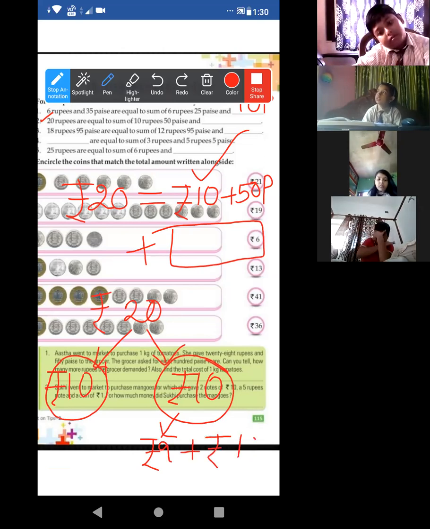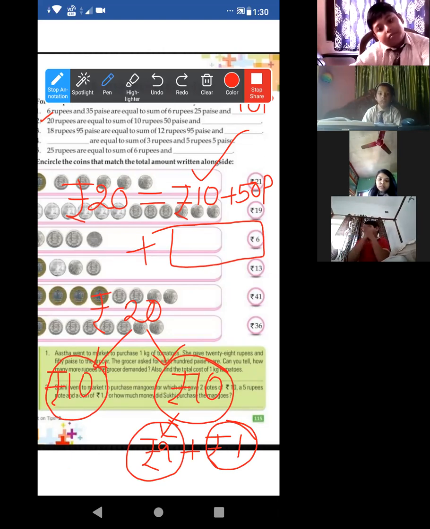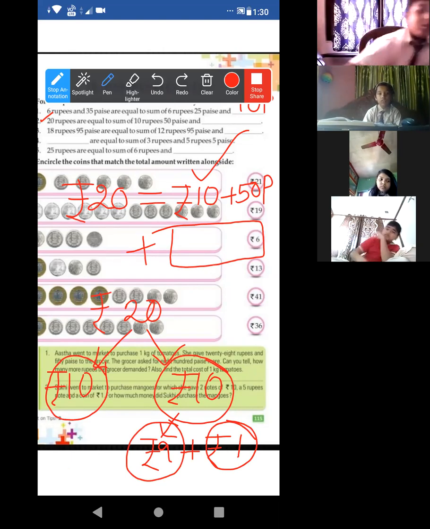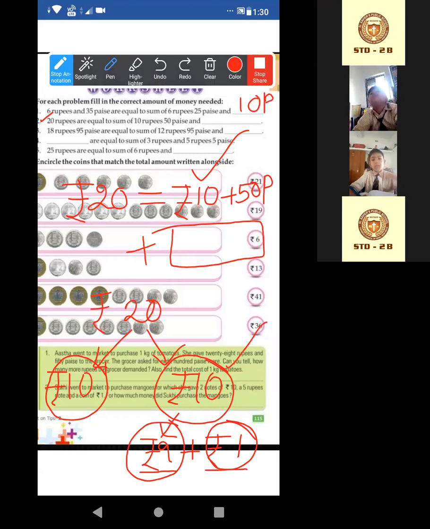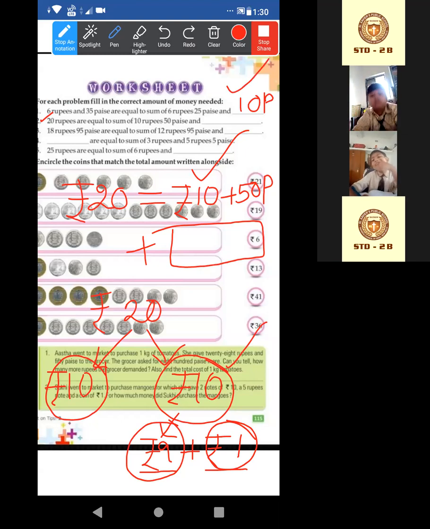Yes or no? Spondon, yes. Farhan Akhtar, Rahat, understood? This 10 rupee means again 9 and 1? Not understood. First one Spondon understood. This first one. Acha, okay.